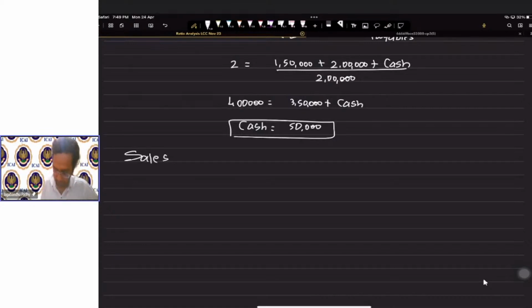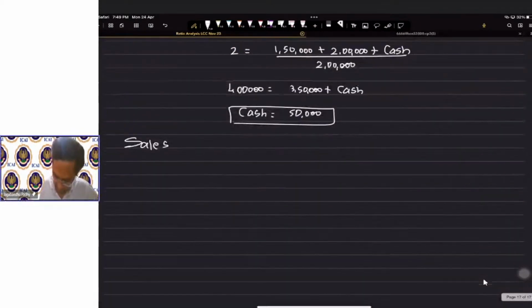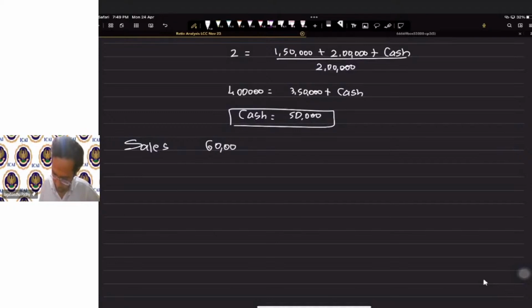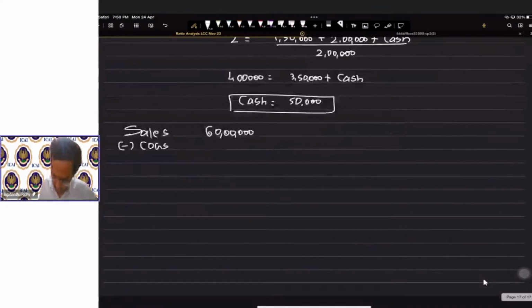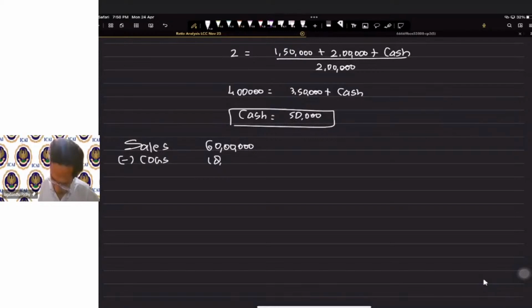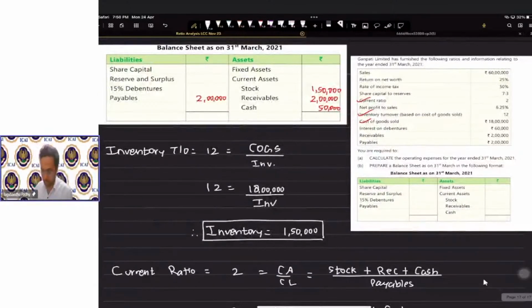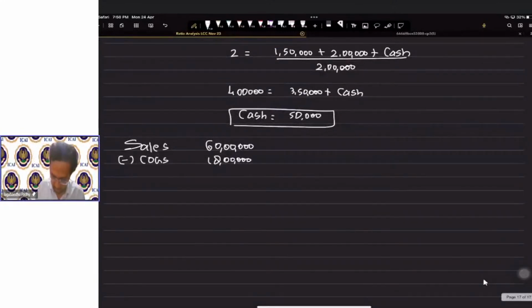Sales is 60 lakh. From that, you deduct your COGS, which is 18 lakhs. Right? So from 60 lakh sales, you deduct the 18 lakh COGS. Then you have a GP, and that GP is essentially 42 lakhs.